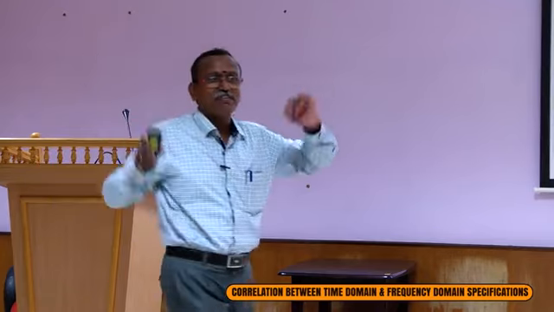So there is a correlation between time domain and frequency domain analysis. In the time domain, if I decrease zeta, there are large oscillations. In the frequency domain, as I decrease zeta, M r increases.